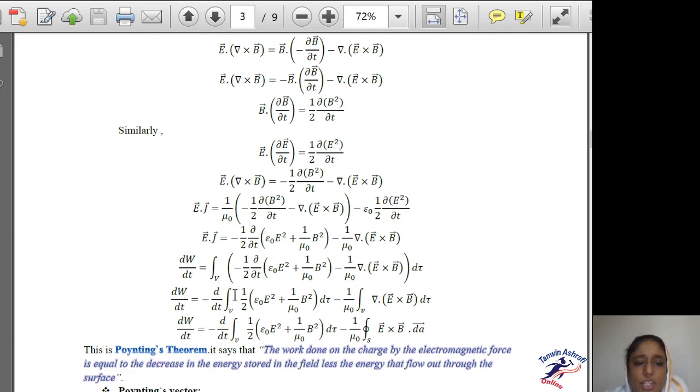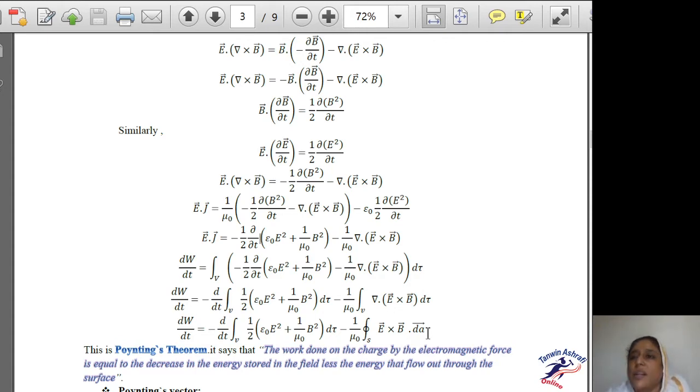Therefore, minus d by dt of the integration over volume, we have divided the integration and opened up the bracket, half of epsilon naught E square plus 1 by mu naught B square over the volume, minus 1 by mu naught integration over the volume of del dot E cross B. Now, if you apply the divergence theorem here, you will get 1 upon mu naught integration over the closed surface of E cross B dot dA.